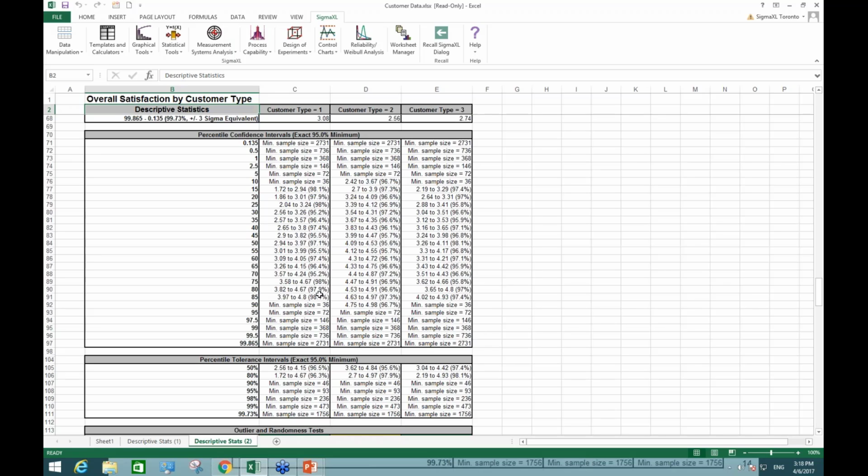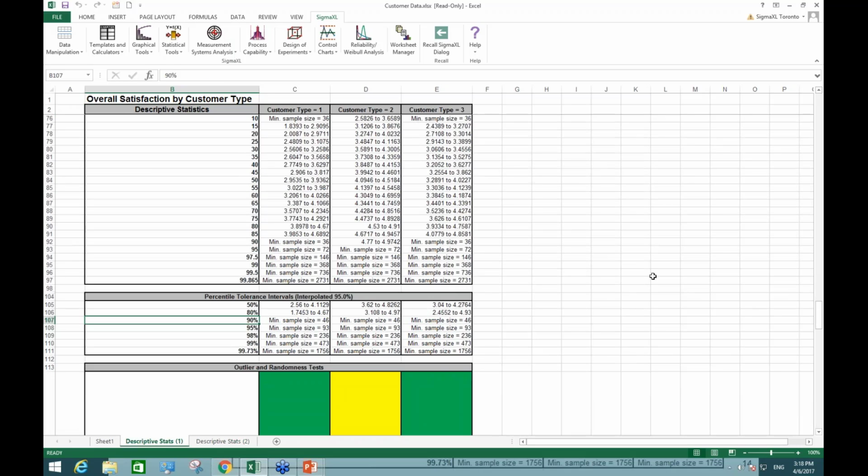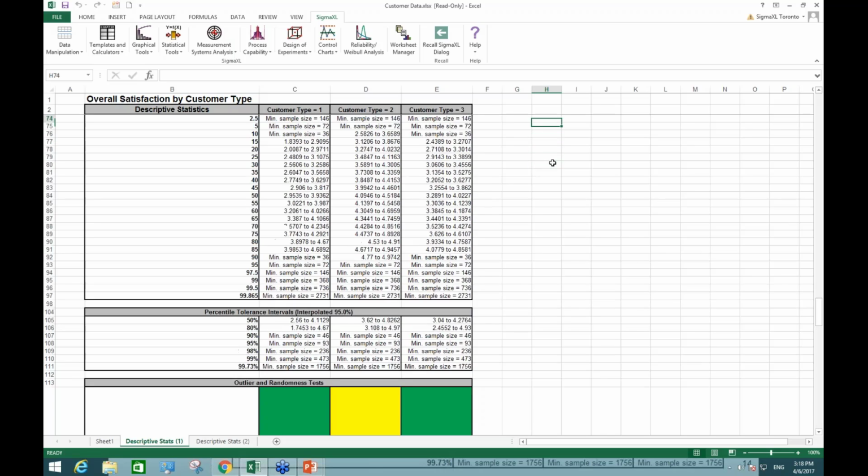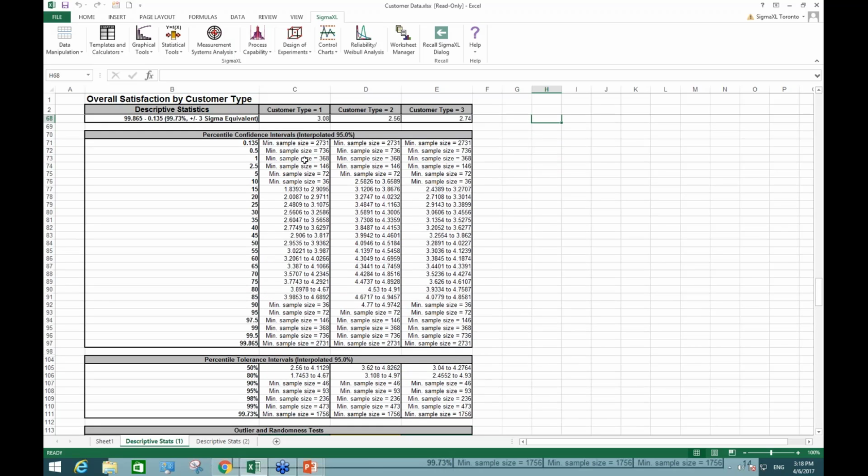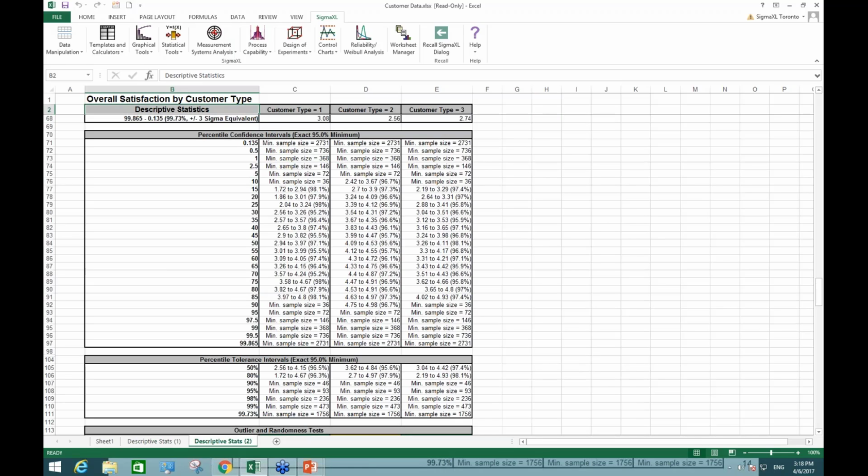So we call that exact 95% minimum versus the interpolated, which is the estimate of the 95%. Essentially it takes the above and below and interpolates to estimate what the actual 95% is. So that's percentile confidence interval, exact 95%, and percentile tolerance intervals, exact 95%, as a minimum or as a guaranteed value.